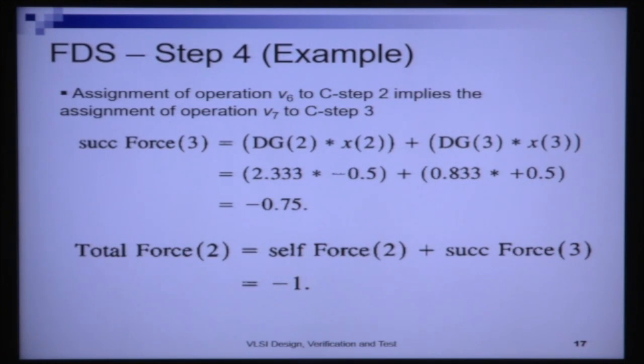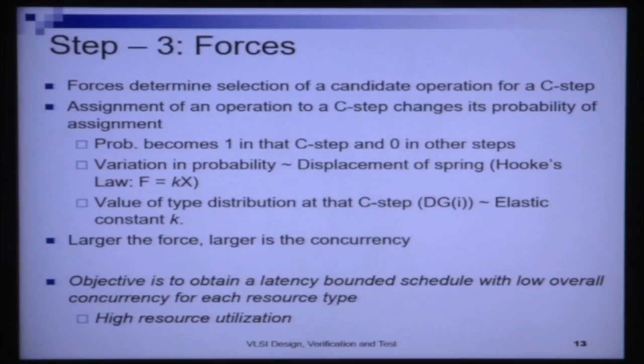Minus 0.5, because the probability of V7 at time step 2 was half, and I have not scheduled it on time step 2. So, the change in probability becomes 0 minus 0.5. For time step 3 the DG value, that means the concurrency value, is 0.833. Let us just look back and see why that is so.